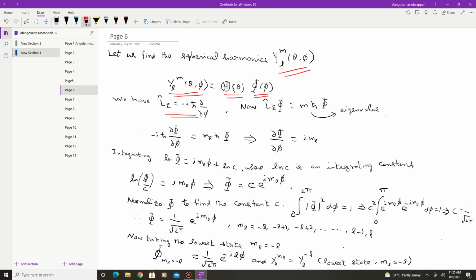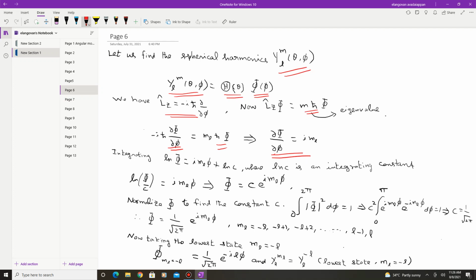Now Lz acting on the function of phi gives the eigenvalue, because Lz is the eigenvalue operator. The eigenvalue we call m h cross into phi. If you substitute Lz here, minus i h cross d phi by d phi is equal to m l h cross phi. Taking the phi part to one side, d phi by phi is equal to i m l d phi.